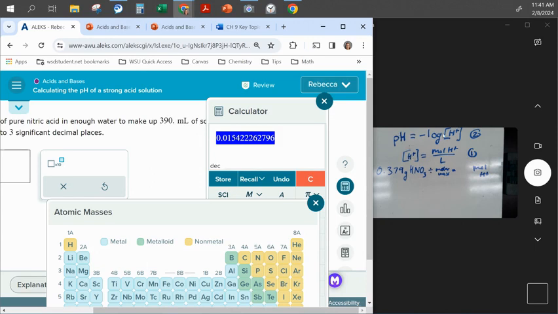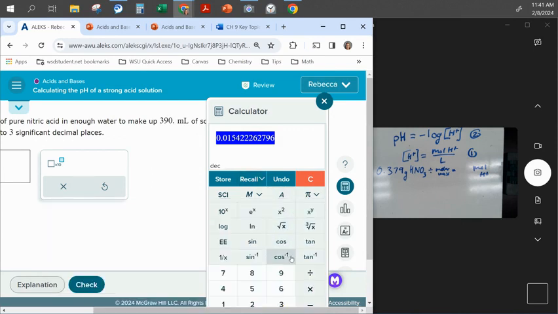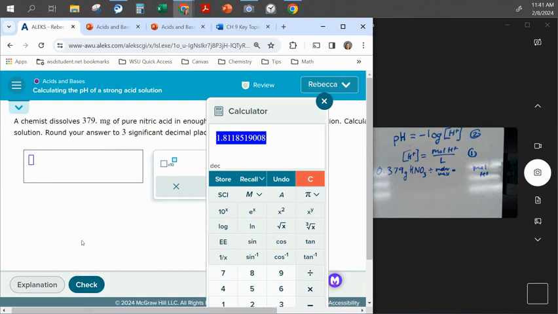And to find the pH, we need to do the negative log of this number, of the concentration of hydrogen. So let's do log base 10, negative log. And then 1, 2, 3 sig figs, so my pH needs 3 decimal places. So the pH is 1.812.